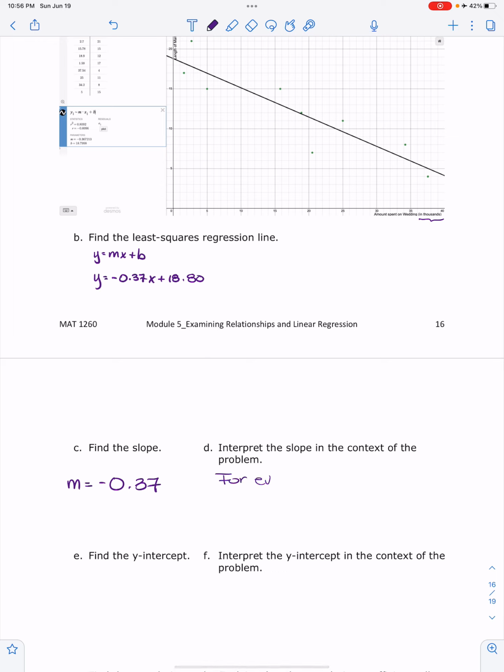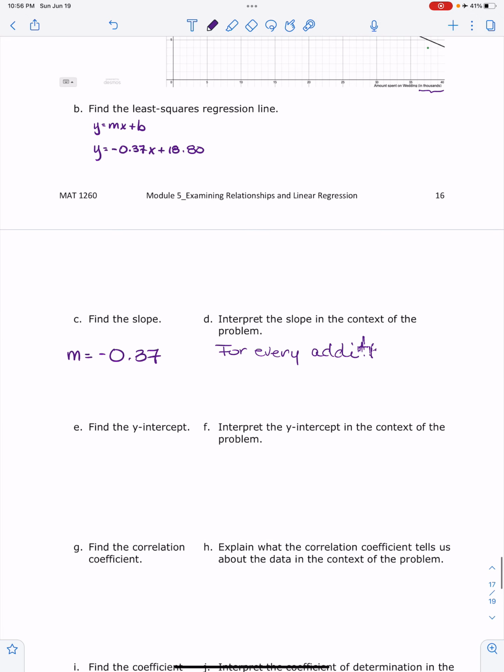So for every additional $1,000 spent, the marriage lasts 0.37 years less.